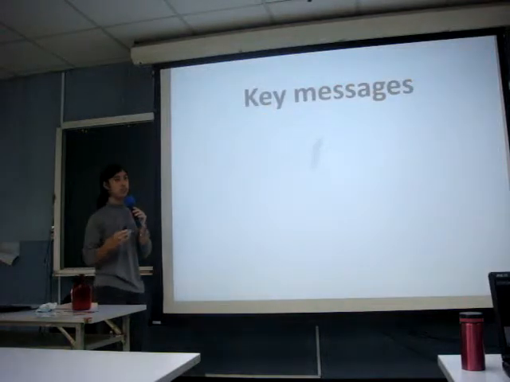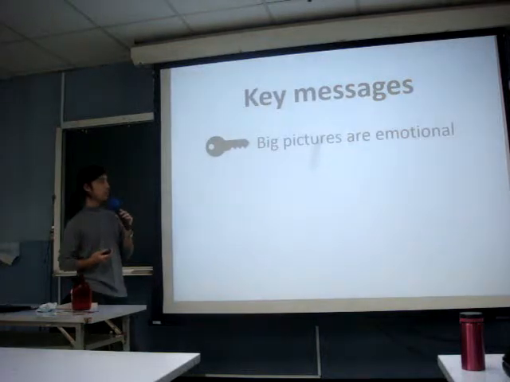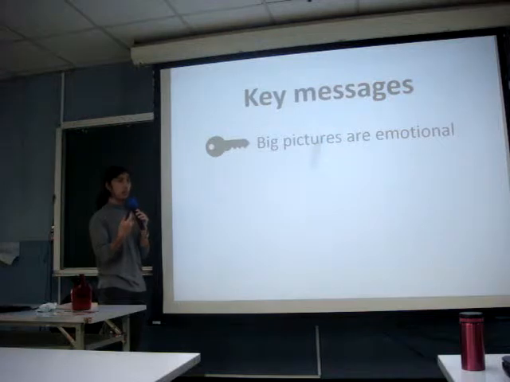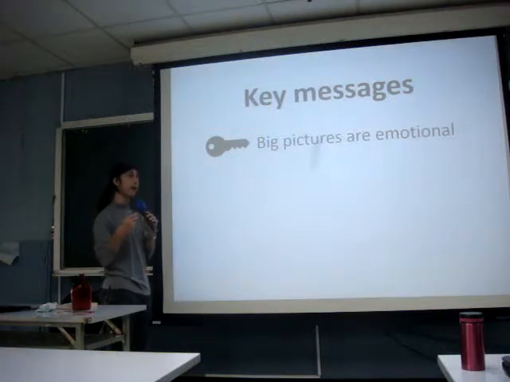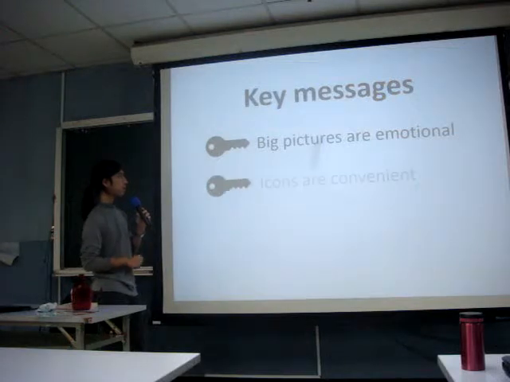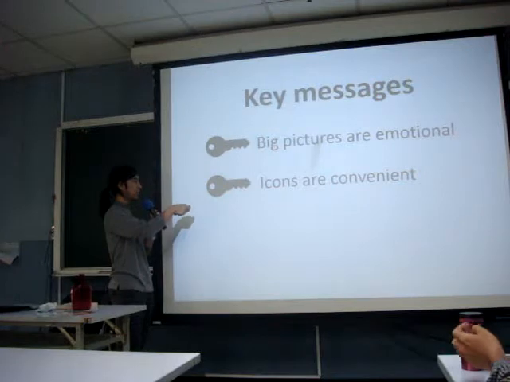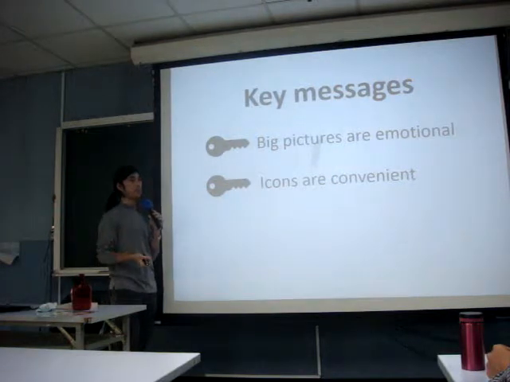So in this part about pictures, the thing I want to say is to use big pictures. They are emotional. You use them to create some kind of atmosphere, just like serif words. And most of the time, those icons, like this key, are really convenient for you to use.